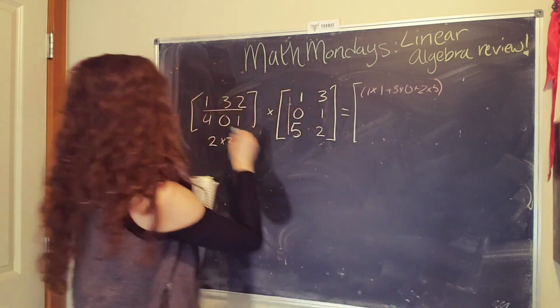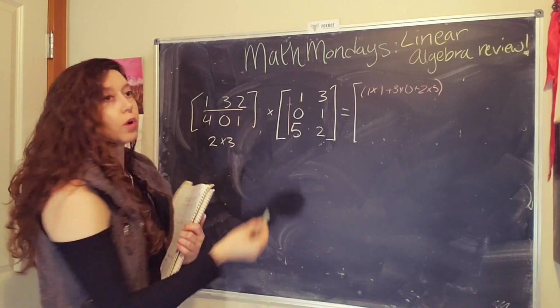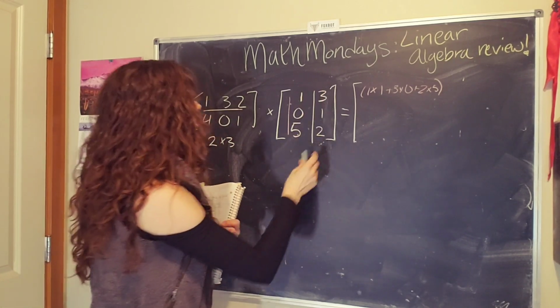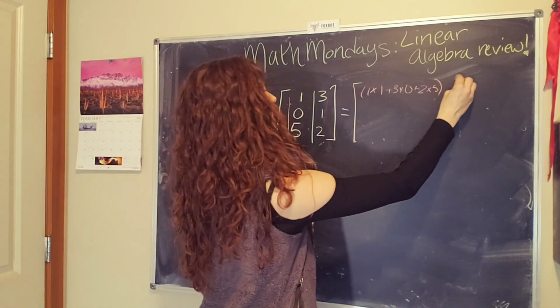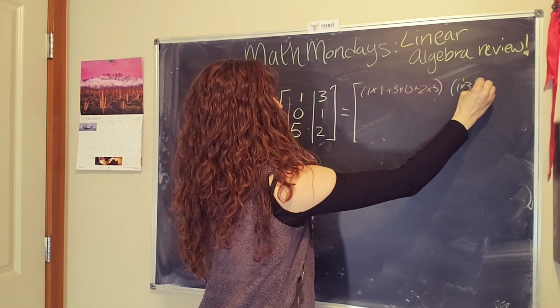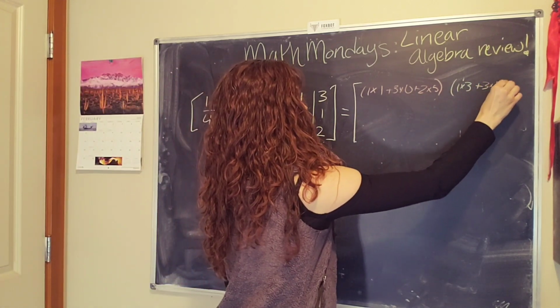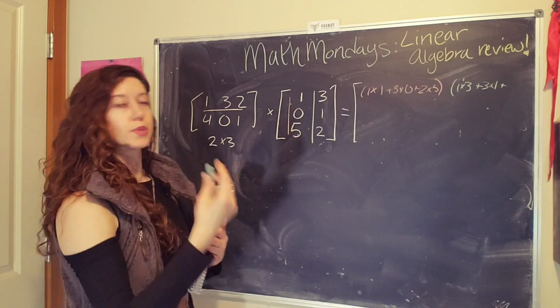And this second one, so now we need to multiply the first row by the second column. And this is going to be 1 times 3 plus 3 times 1 plus 2 times 2.